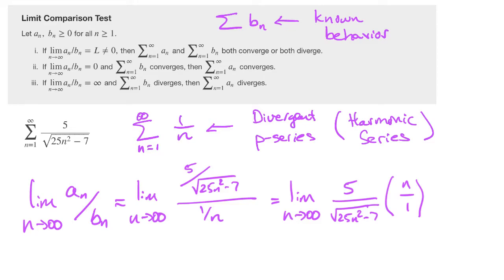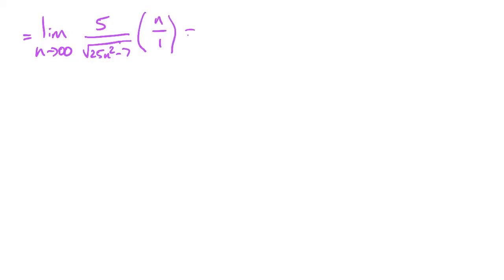Let's keep doing the algebraic simplification and see what happens. This is equal to the limit as n goes off to infinity of 5n over the square root of 25 n squared minus 7.